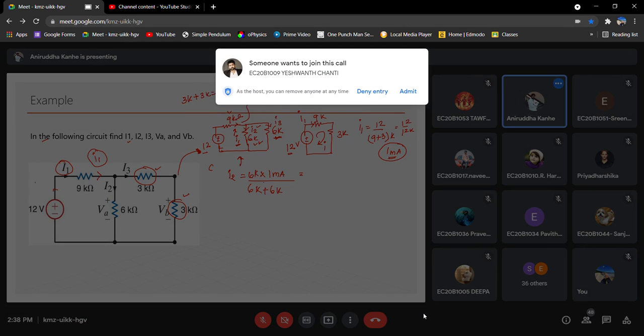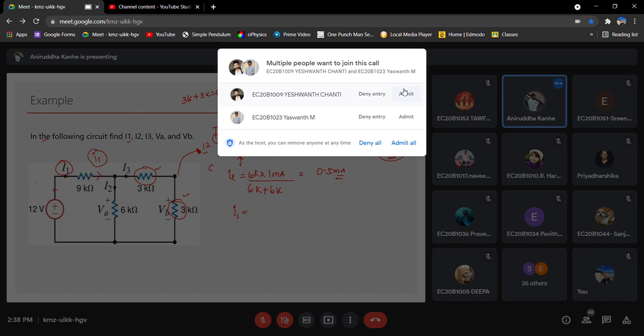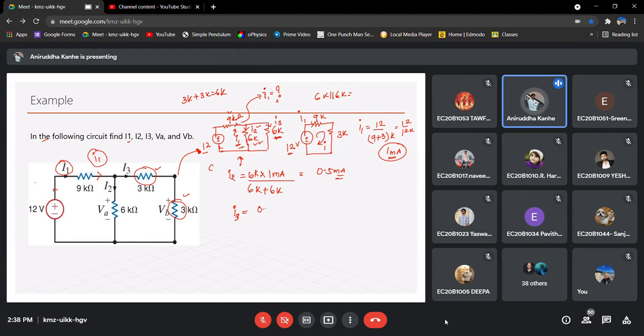So what is it? This is 0.5 milliamperes. Obviously, if the total current is 1 milliampere and one branch is 0.5, you need not calculate the other; I3 is also 0.5 milliamperes. So the current flowing in this branch is 0.5 milliamperes, the current in this branch is 0.5 milliamperes, and the current in this branch is 1 milliampere.